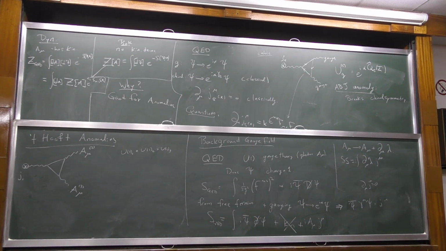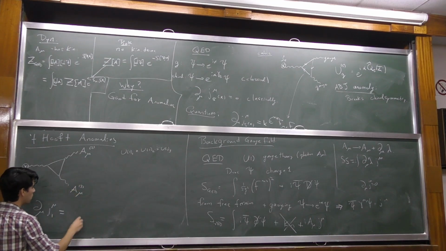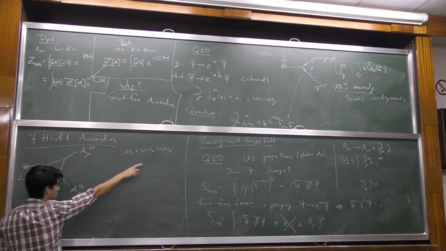Yeah, that's right. So what you find is that if you try to compute the divergence of the conservation equation for this J1, you find that it's violated when you turn on background gauge fields A2 and A3 for U(1)_2 and U(1)_3.